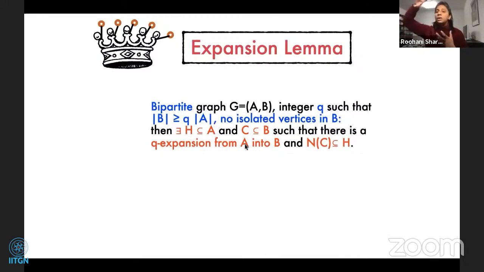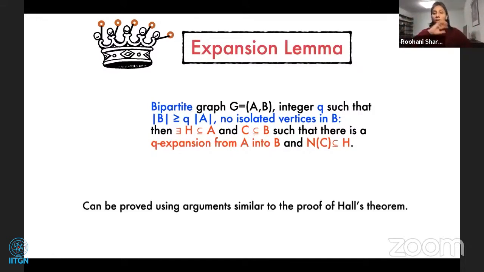So the crown does not see anything outside the head. Note that because we're in a bipartite graph, this is exactly the crown decomposition with the property that now we have a Q expansion saturating the red set into the yellow set. So this is what we have, and I'll not go through the proof of it.